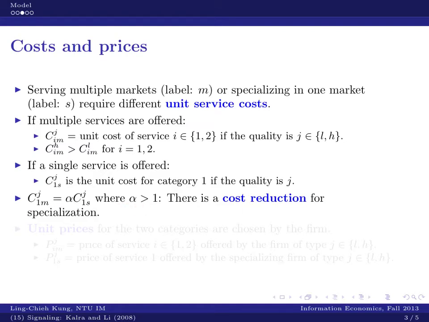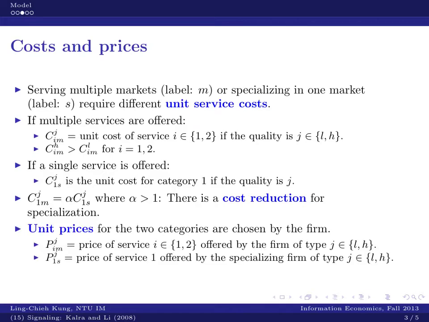And since alpha is greater than 1, that means when you do specialization, the cost is smaller, right? That means when you focus on only one thing, you can do it in a cheaper way without sacrificing the quality. There are also prices that must be chosen by the firm.